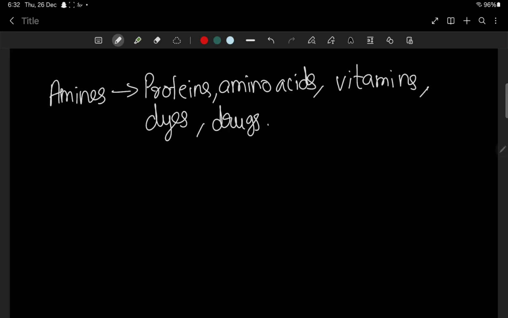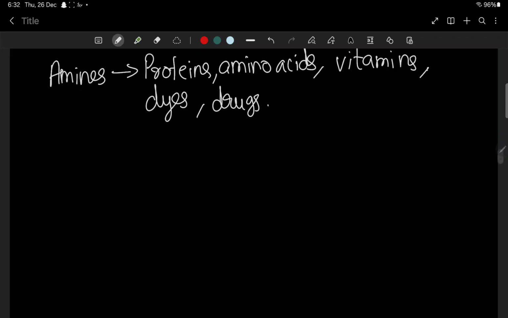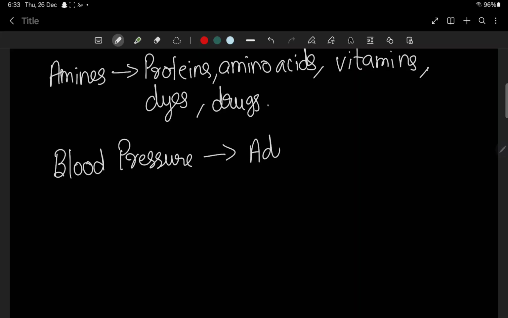Now it is given that two biologically active compounds, namely adrenaline and ephedrine, both containing secondary amino group, are used to increase blood pressure. So blood pressure is related with two amine containing compounds. You can just write the names in your book, adrenaline and ephedrine.